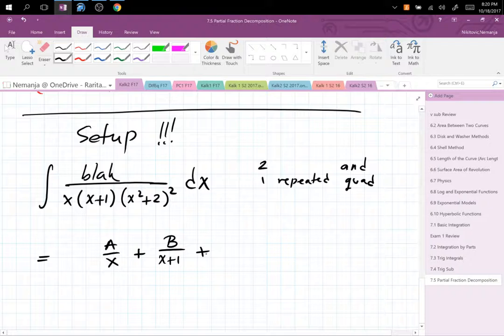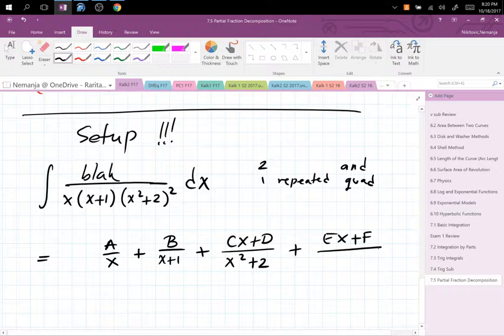Plus repeated quadratic that cannot be further simplified. So we know it's Ax plus B, but A and B are used up, so Cx plus D over x squared plus 2, plus Ex plus F divided by x squared plus 2 squared dx. This is the setup.